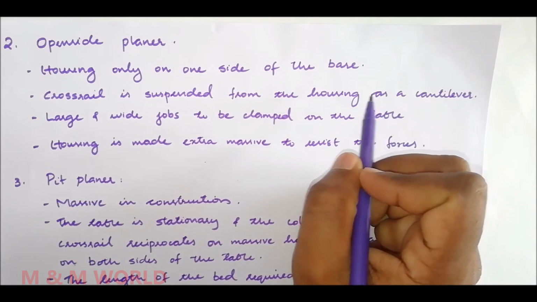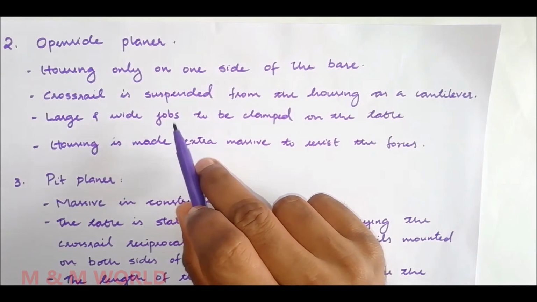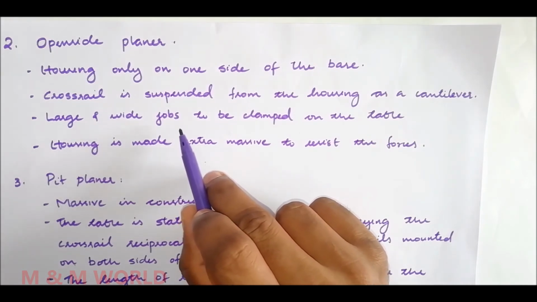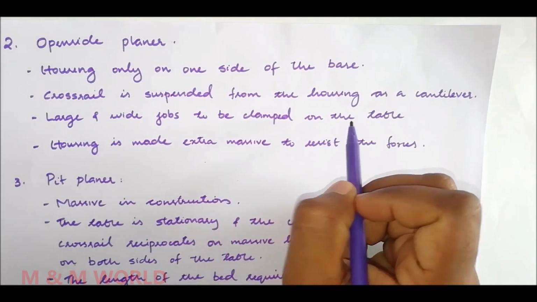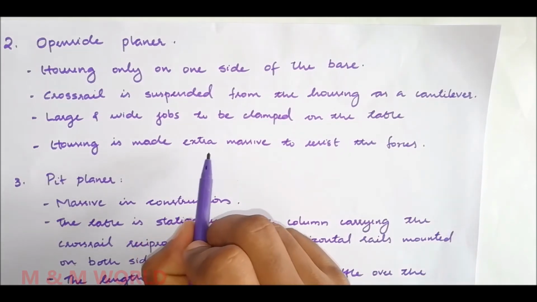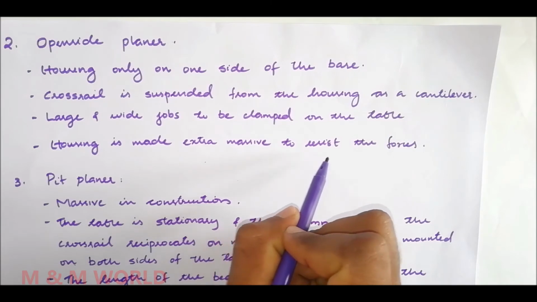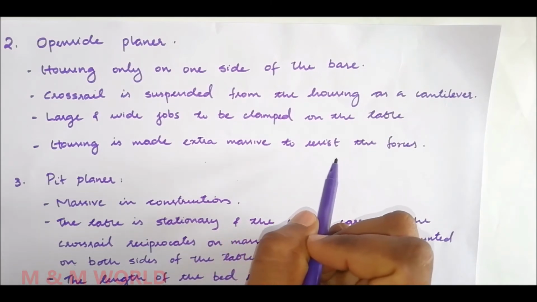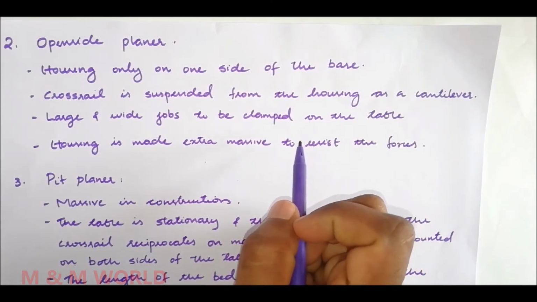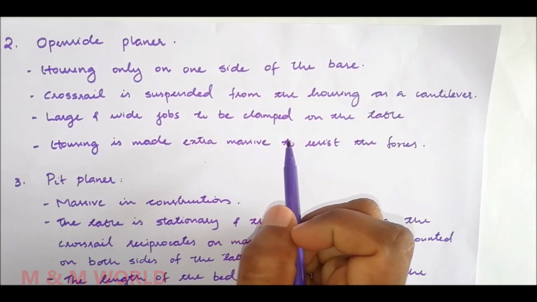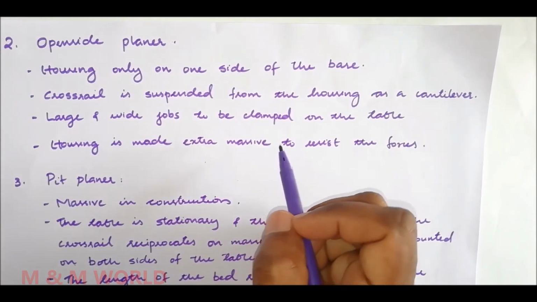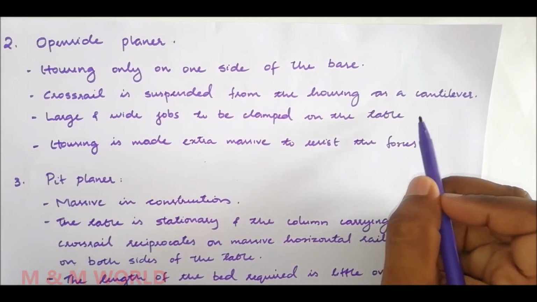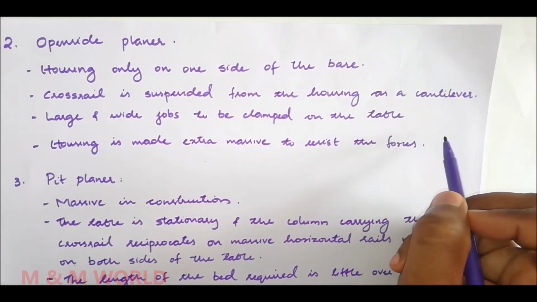Here we can accommodate large and wide workpieces on the table, and the housing is made extra massive to resist the forces. In case of a double housing planer, the maximum width of the job which can be machined is limited by the distance between the two housings.